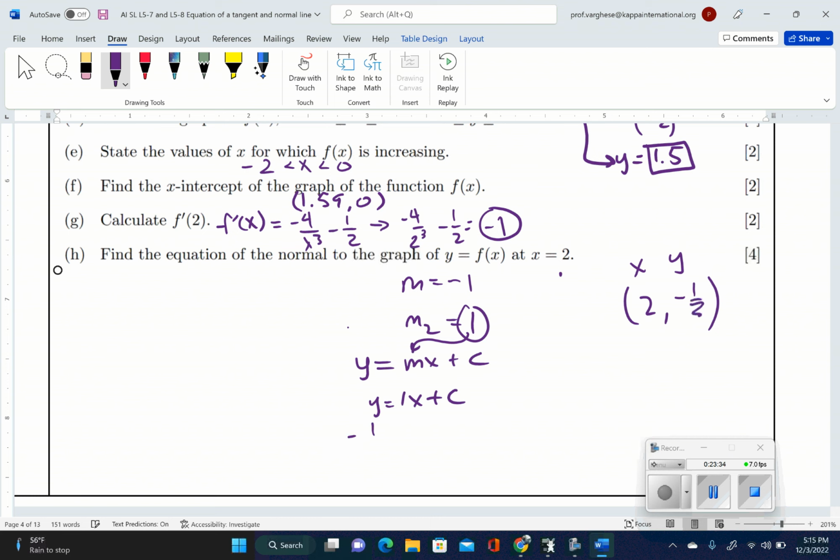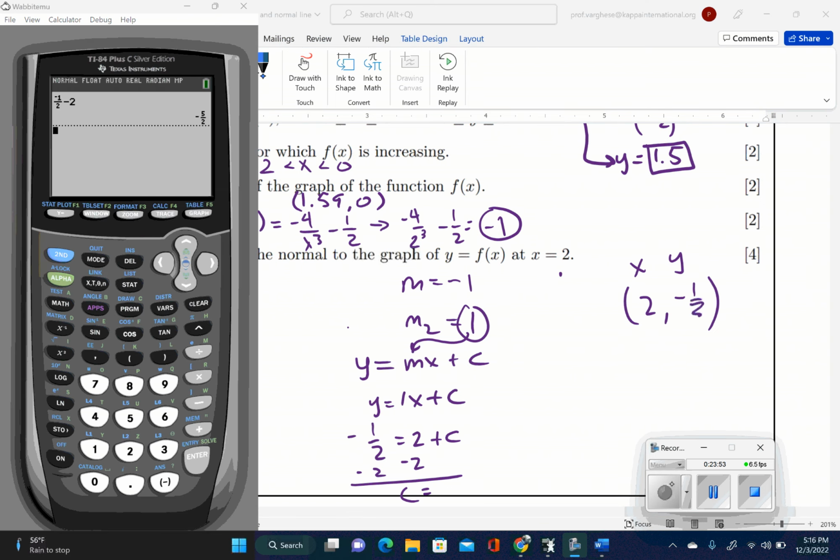So I put -1/2 in, is equal to 1 times 2, which is 2 plus c. I have to figure out what my c is. So I subtract 2 from both sides, and I get c is equal to -5 over 2.